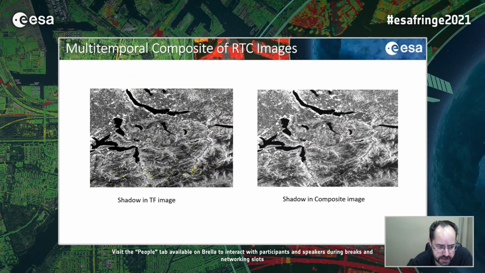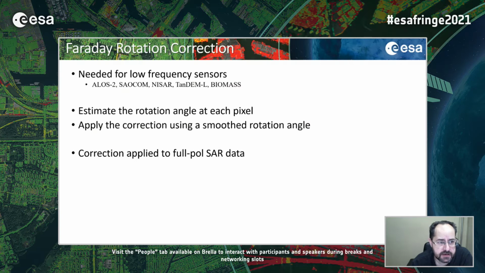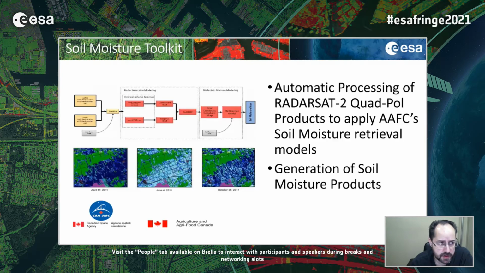So you can see here the shadow in the composite gets removed. We've also added Faraday rotation to assist in some of the low frequency sensors. And a soil moisture application from Agriculture Canada.